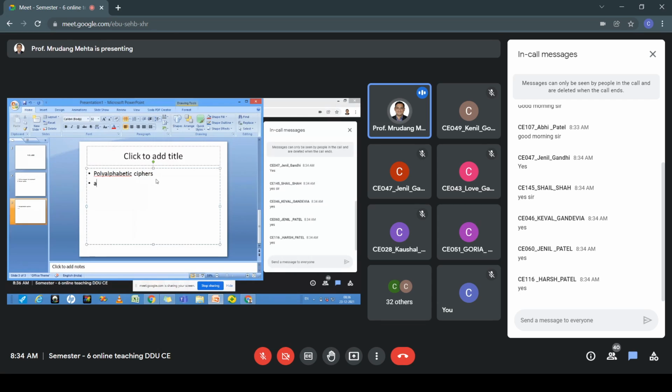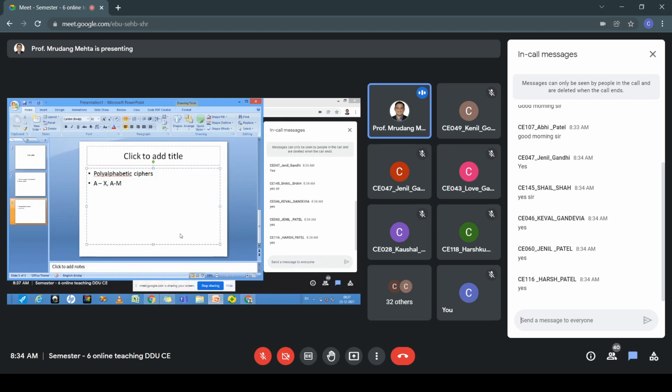For example, suppose A is encrypted with X. So the first time A is encrypted with X, then the second time A may be encrypted with M. Right? So AX, AM, any combination is possible. So that is a polyalphabetic cipher.